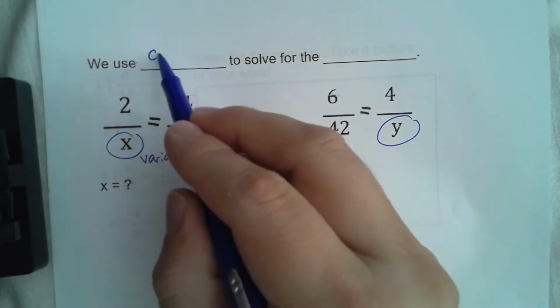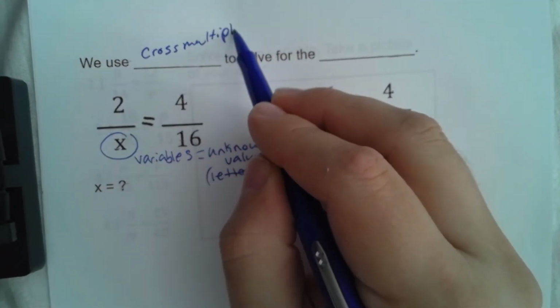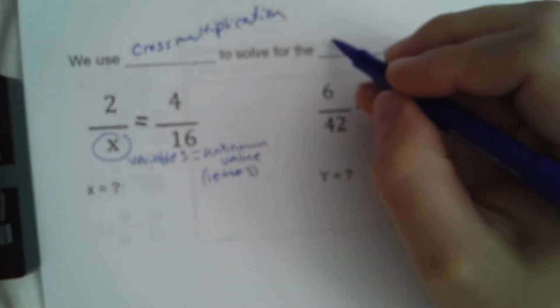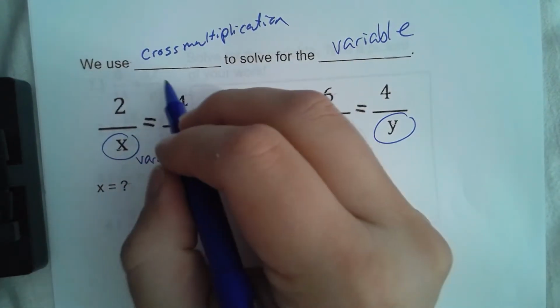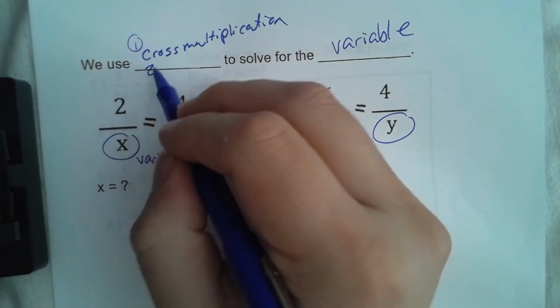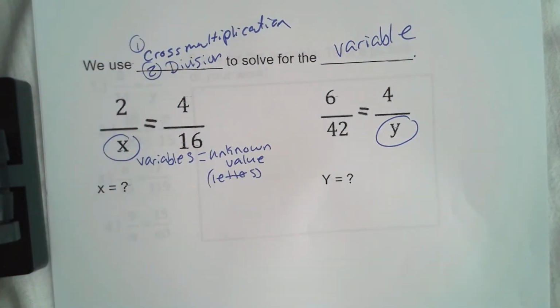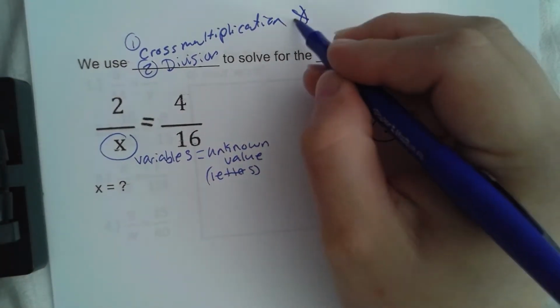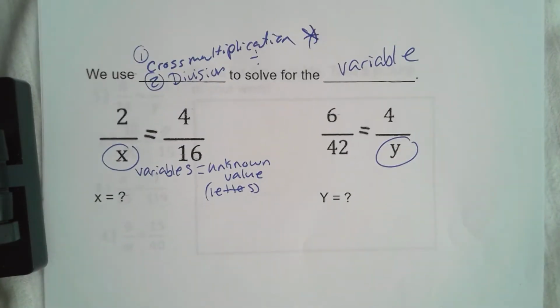We use cross multiplication to solve for the variable. And actually, we need to add another step. We use cross multiplication, and then we use division. So this is the case where you're going to cross multiply and then divide. Okay? So we'll do this together.